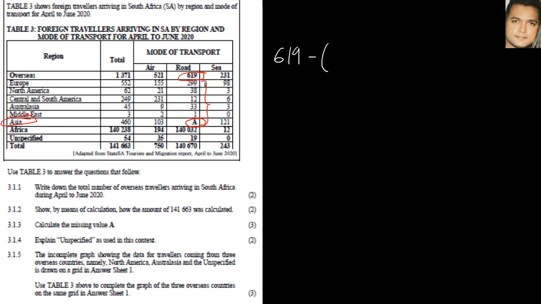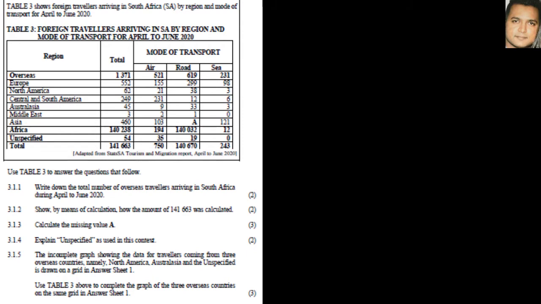We will be subtracting this number, this number, this number, this number, and the one there below that. Okay, so let's do this. 619 minus 299 plus 38 plus 12 plus 33 and plus the 1, and the final answer for A would be 236.